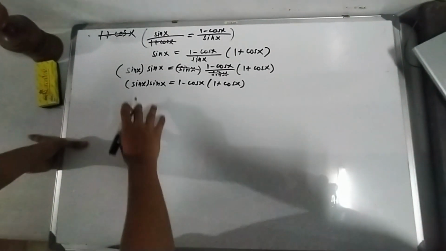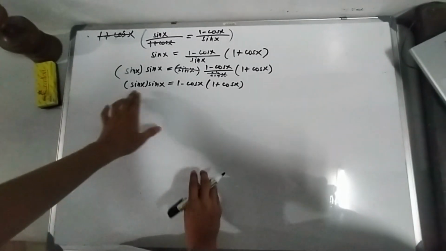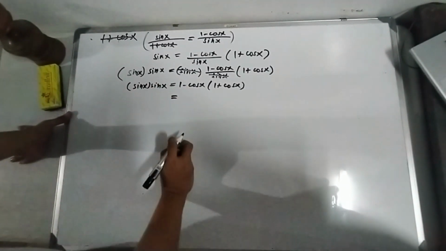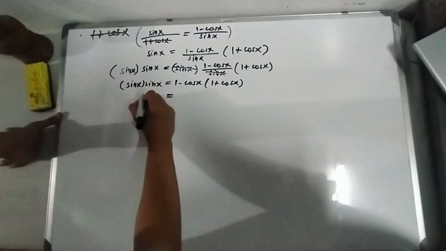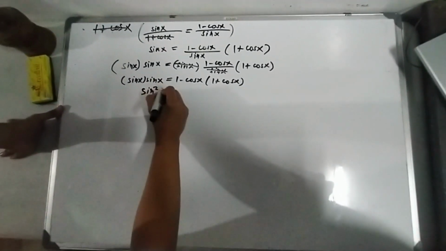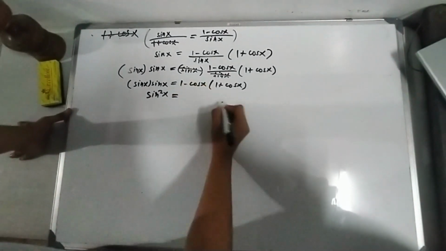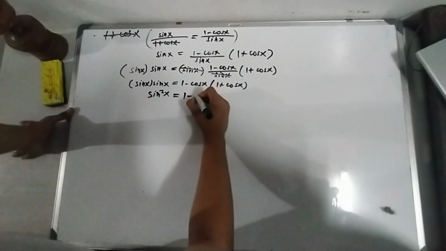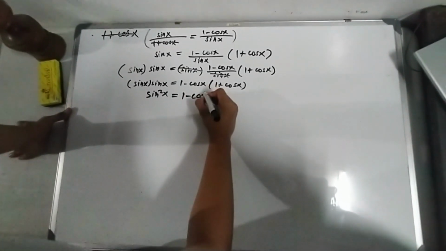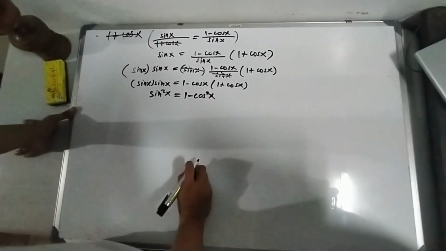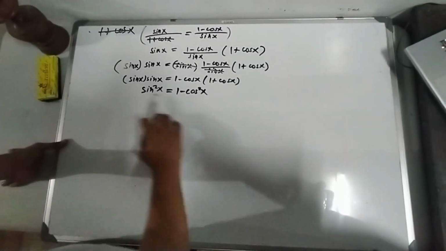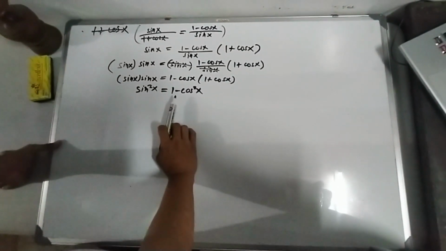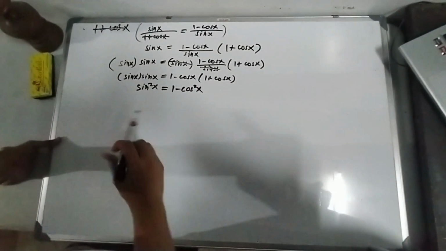And now we're gonna multiply this side and also this side. So we will have the product of sine squared x on the left side, and on the right side we're gonna have the product of 1 minus cos squared x. We can see that this equation can be manipulated into the Pythagorean identity.